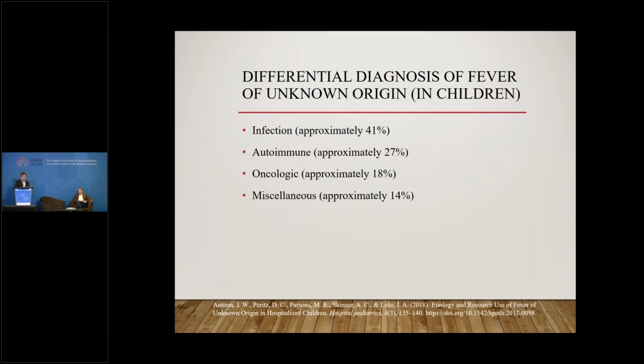So the differential diagnosis in children is very similar to adults, except that infection accounts for 41% of the cases. Infection is the most common etiology, followed by autoimmune disease, then cancer, then others.